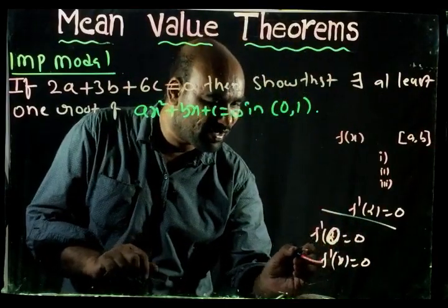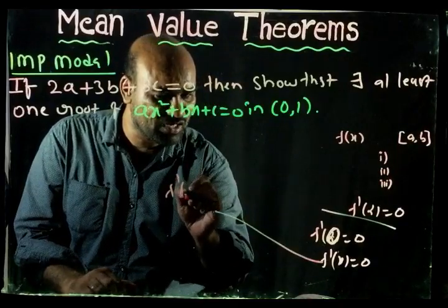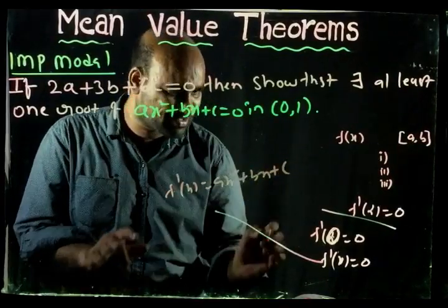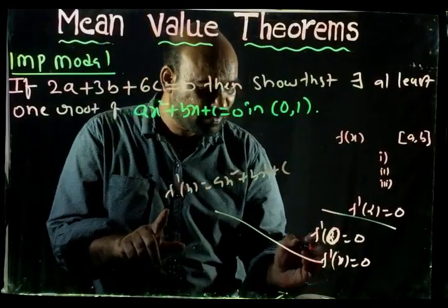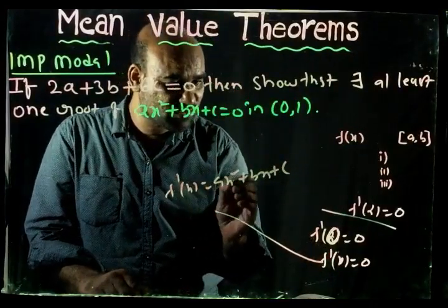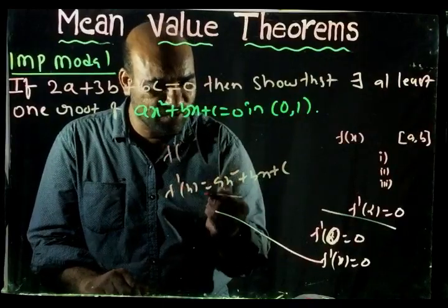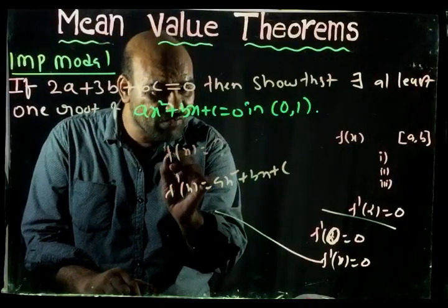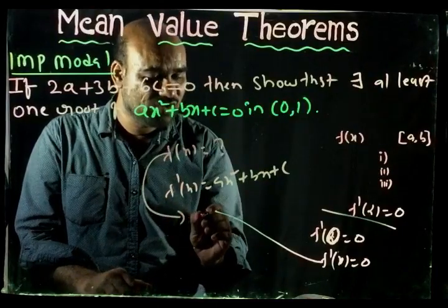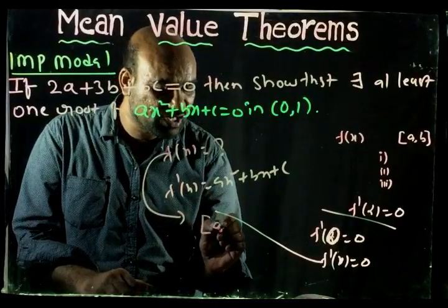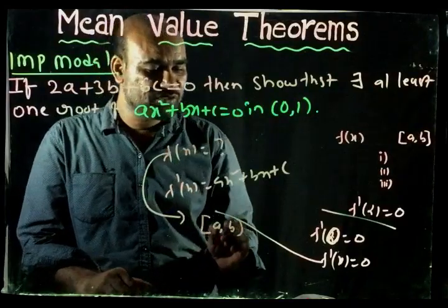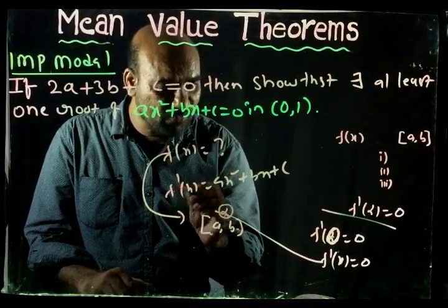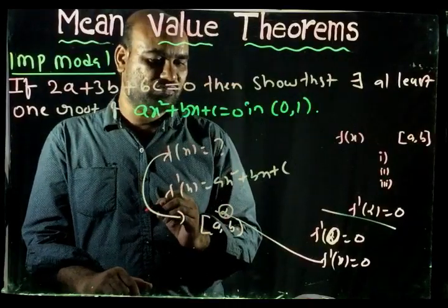For example, your f dash of x is ax square plus bx plus c. For this f dash of x, we can find f of x, that is not a big problem. If this f of x satisfies Rolle's mean value theorem in the interval a to b, then there exists alpha in between a and b so that f dash of alpha equal to 0.